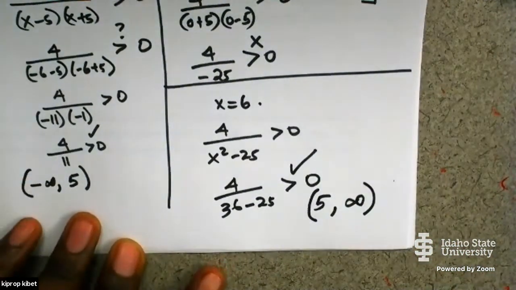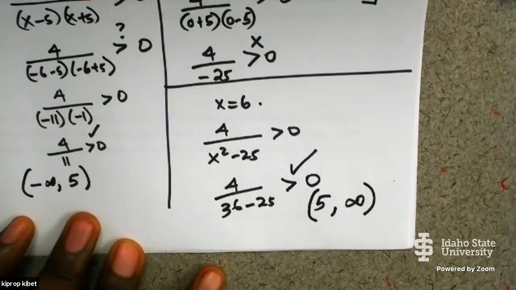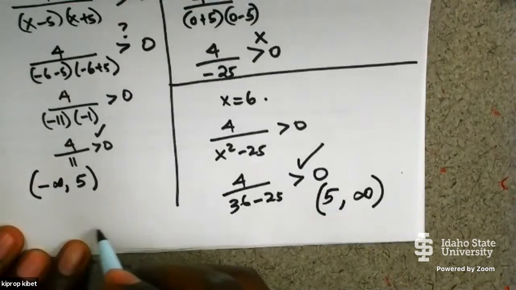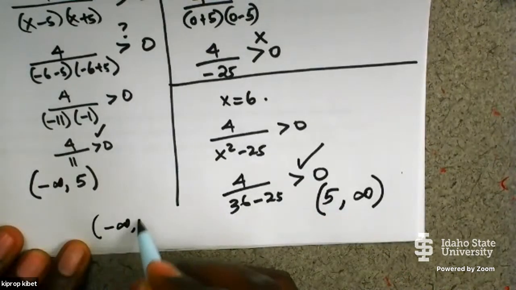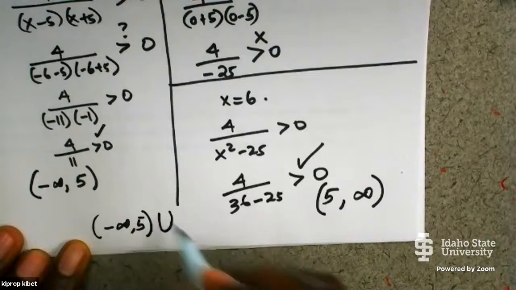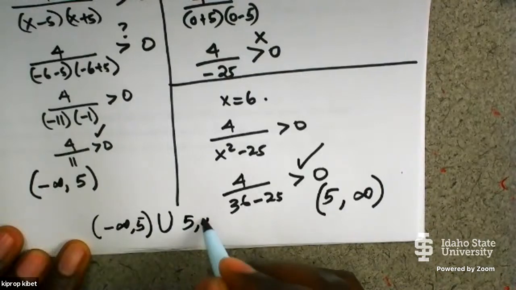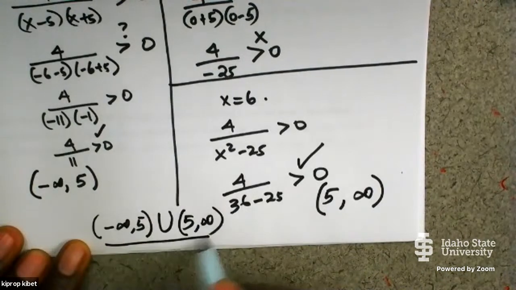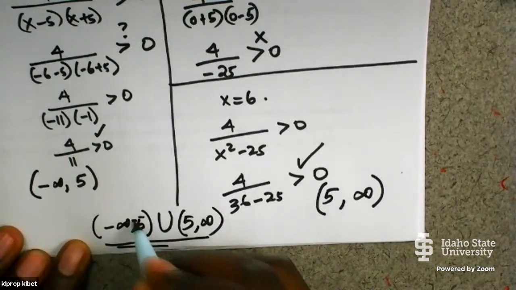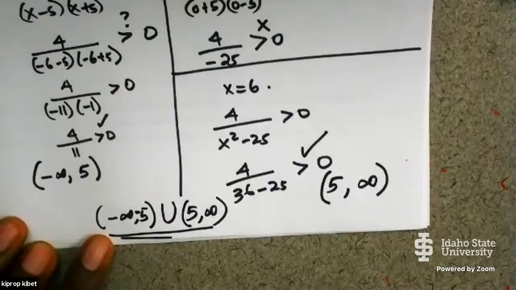So what is our overall interval notation for this? It will be negative infinity to negative 5, union 5 to infinity. Negative 5 on the first one, yes.